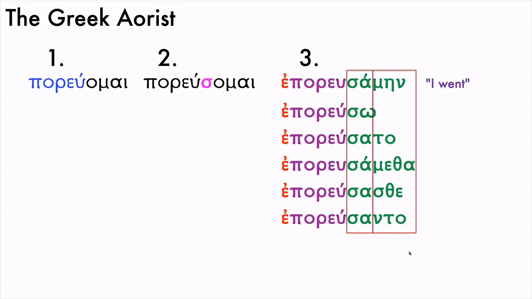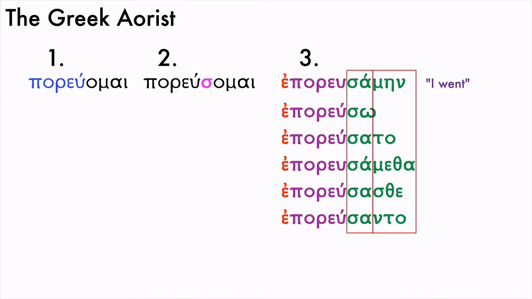Those are the same secondary middle endings that we learned when we learned the imperfect middle and passive. So you can think about this as a single combination, sa-main, or you can think of it as two parts. The advantage of thinking of it as two parts is that you already know the second part, metha, stha, and ta. All right? That was a little jiggle to remind you, these look familiar.